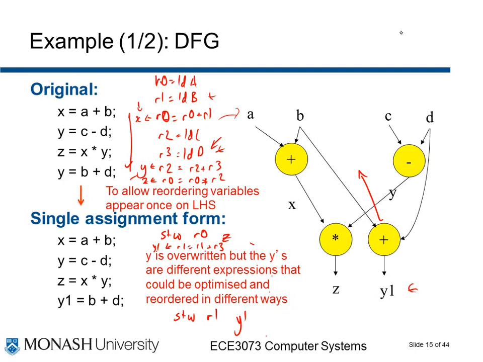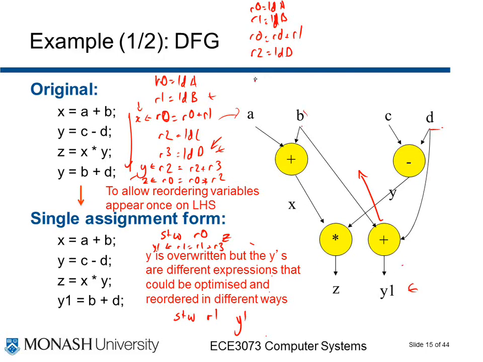So I might start off the same. R0 equals load A, R1 equals load B, R0 is equal to R0 plus R1. Then I might continue to say, well, I've already got B in a register, let's load D. So R2 is equal to load D. Then I can say, I'm not going to need B again after this operation.